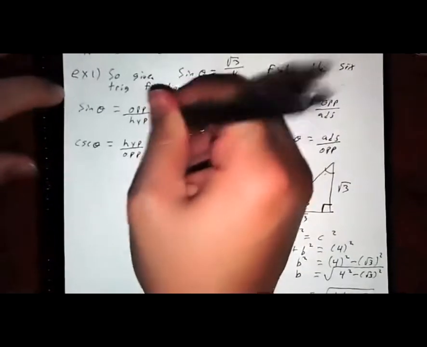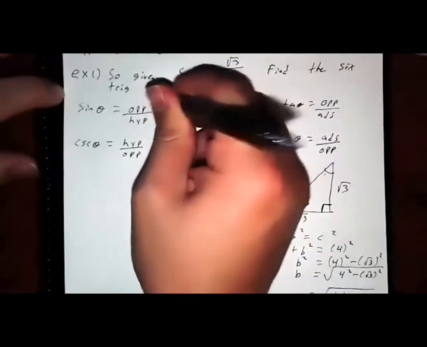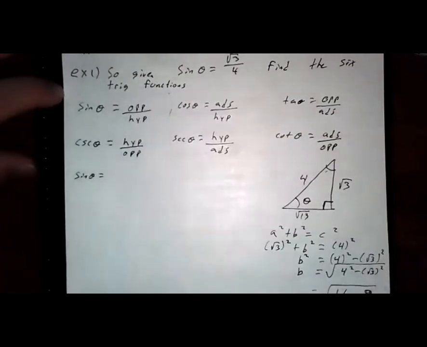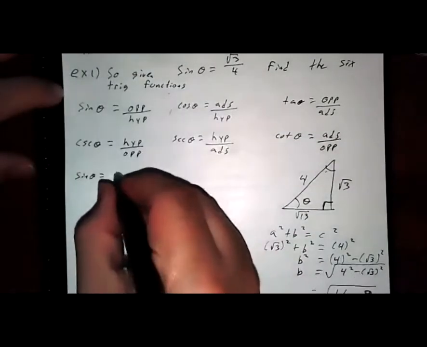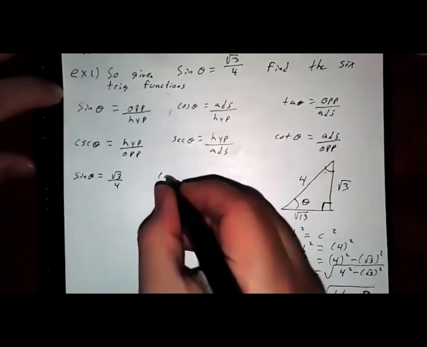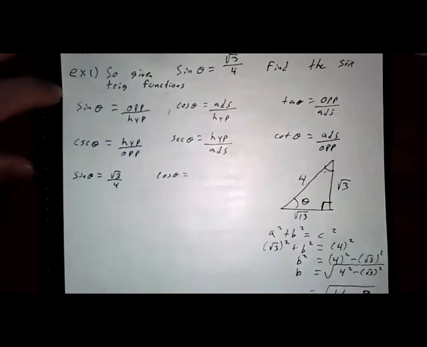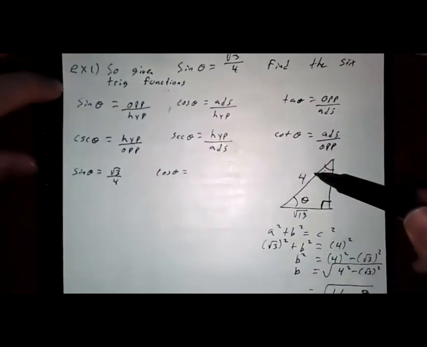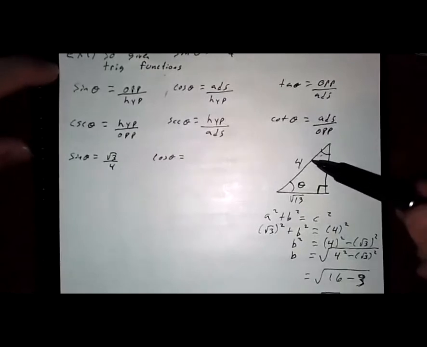I don't like the way that looks. I'm going to rewrite this. So sine theta is equal to square root 3 over 4. Cosine theta is equal to adjacent over hypotenuse. So what's going to be cosine? Square root of 13.